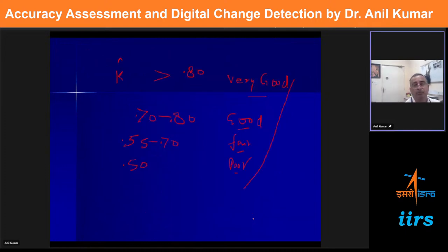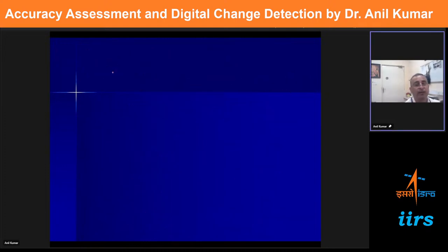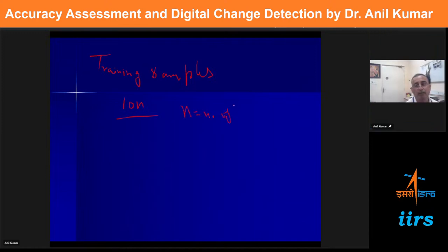One more thing I would like to tell you, that testing samples and the training sample, what should be the size of training sample and what should be the size of testing samples. For training samples, the size, we can keep it, suppose one of the rules told by Jensen as 10n, where n is number of bands.